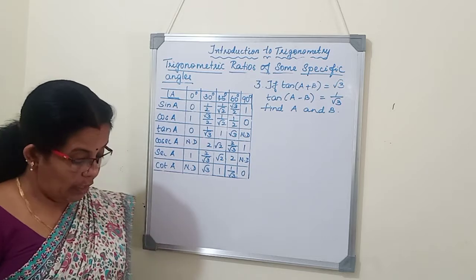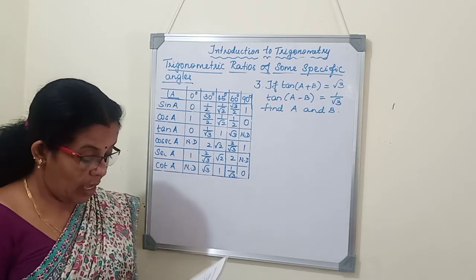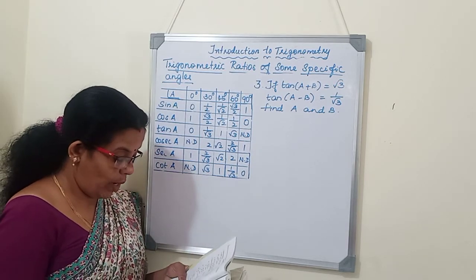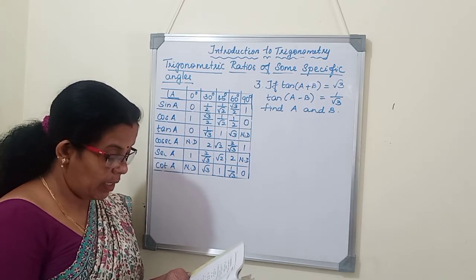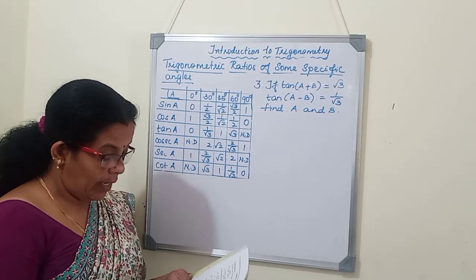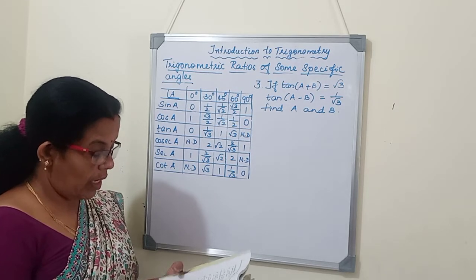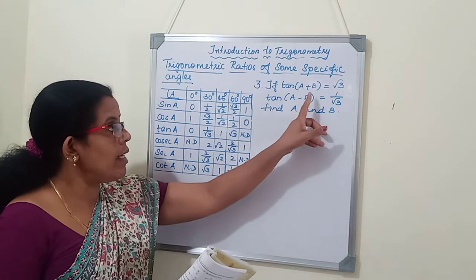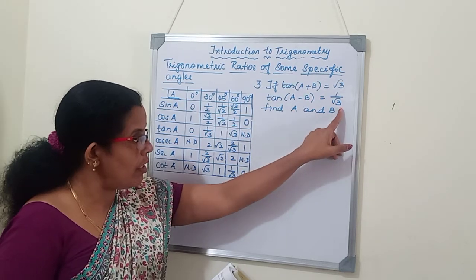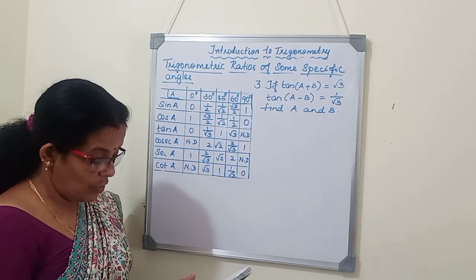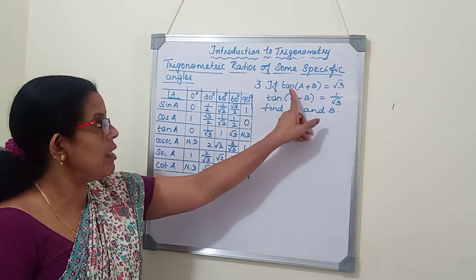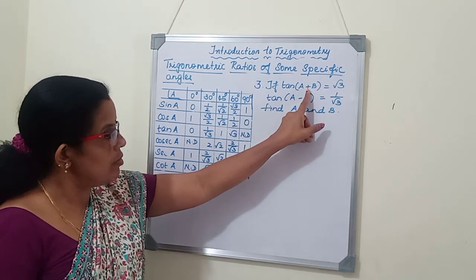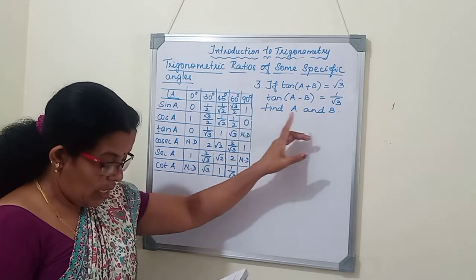Third question. If tan (a plus b) equals root 3 and tan (a minus b) is equal to 1 by root 3, where 0 degree is less than angle a plus b less than or equal to 90 degree and a is greater than b, find a and b. So here tan (a plus b) value and tan (a minus b) value are given, and they have given the condition on the angle a plus b.